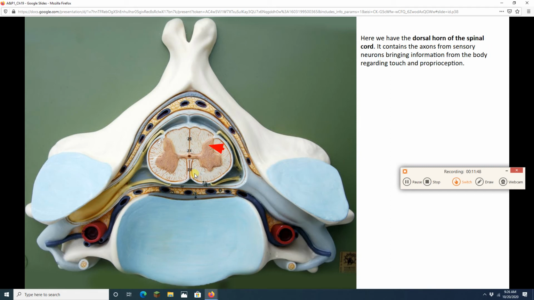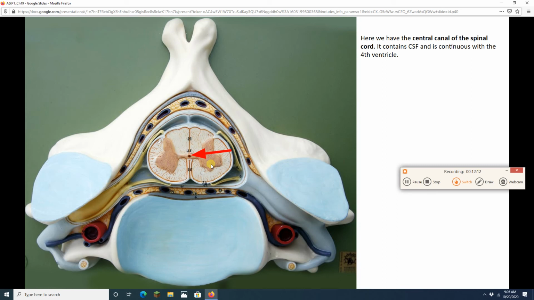The dorsal horn of the spinal cord, which we see here and we see here as well, is going to contain axons from sensory neurons that are coming into the spinal cord, bringing info about touch, about proprioception, and more. Now, the gray commissure connects the two halves of the spinal cord.